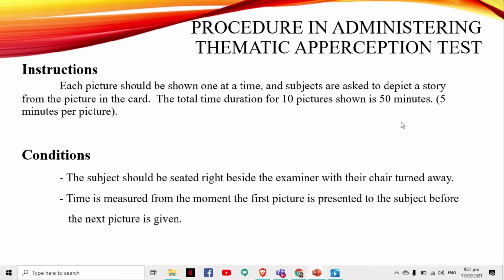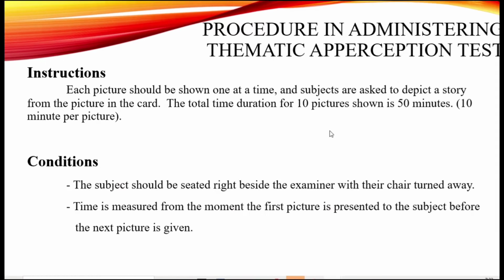For the instructions, each picture should be shown one at a time, and the subjects are asked to depict a story from the picture in the card. The total time duration for 10 pictures shown is 50 minutes. So for every picture card, the client or the examinee has 5 minutes to answer per picture.